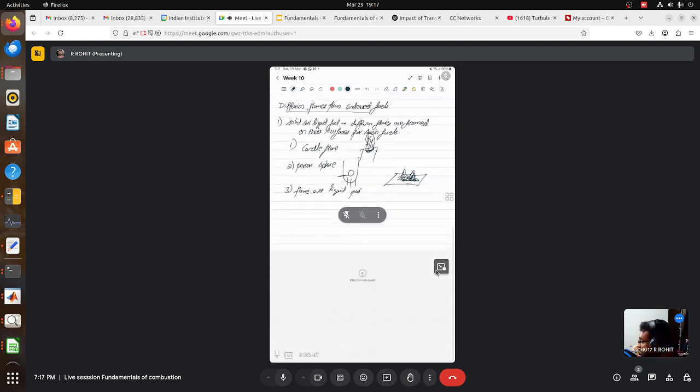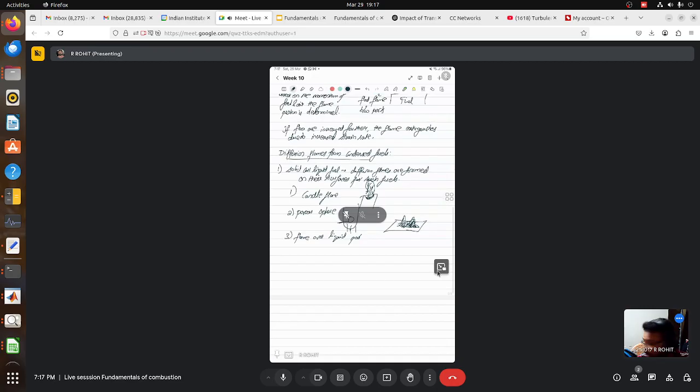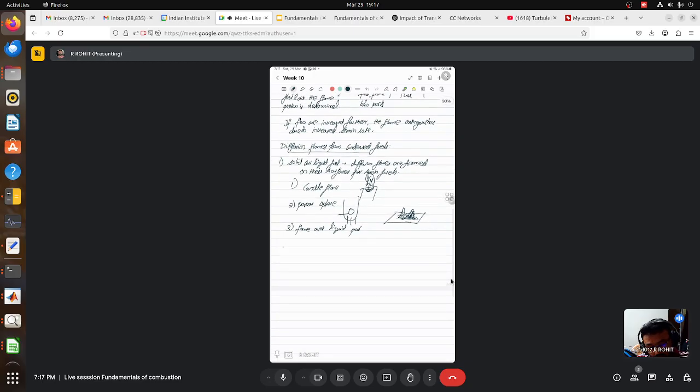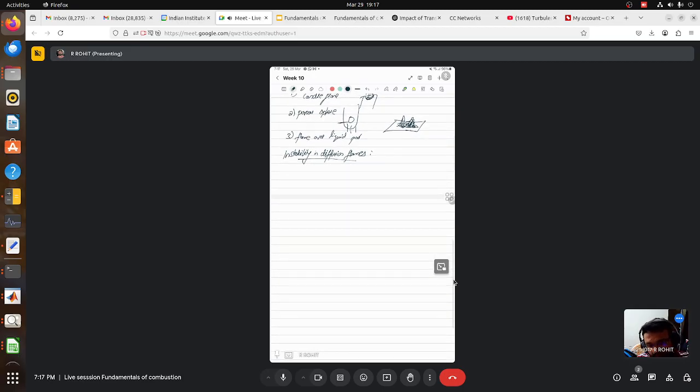Then you were taught about instability in diffusion flames. One of the major instabilities that you see, the primary instability, involves the lift off or extinction that is present in candle flames.